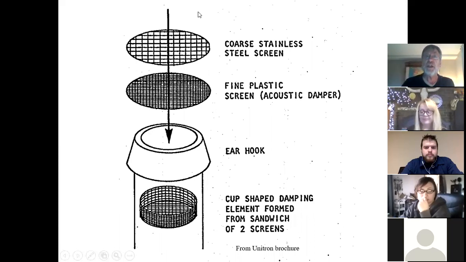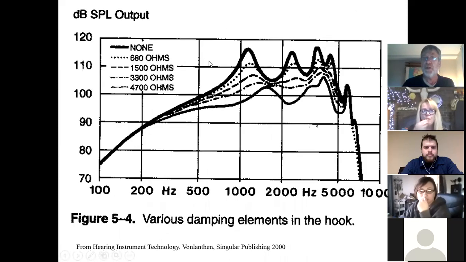Today, we don't need to rely as much on filters. You see, and filters were measured in ohms. The tighter the screen, the more you got rid of the peaks. The more you got rid of the peaks, the smoother the hearing aid sounded and the less feedback you got. But today, we don't need that anymore. That was analog. Today, we have digital feedback reduction.